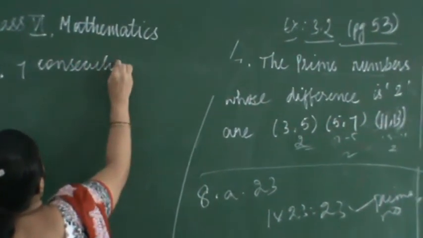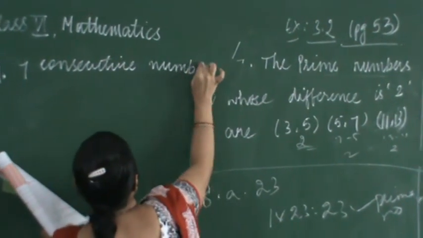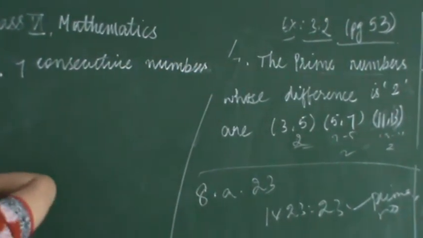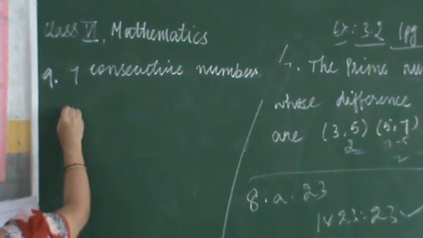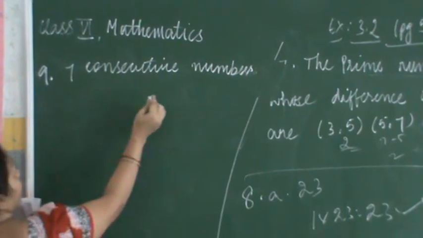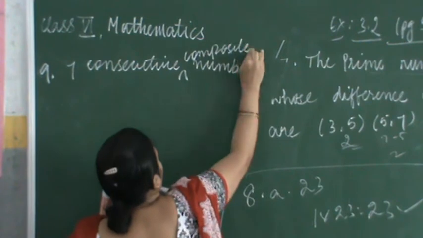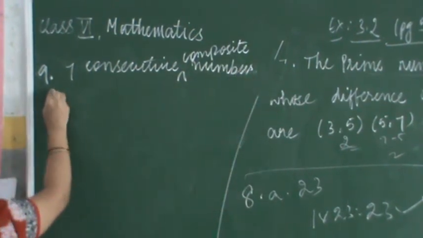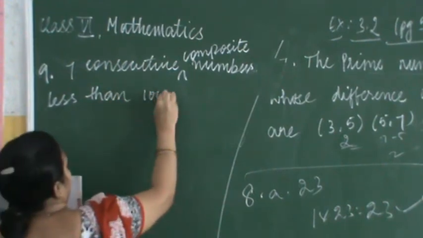What are consecutive numbers, children? Numbers that come one after another in a line are called consecutive numbers. Less than 100 he is asking. What are 7 consecutive composite numbers less than 100?